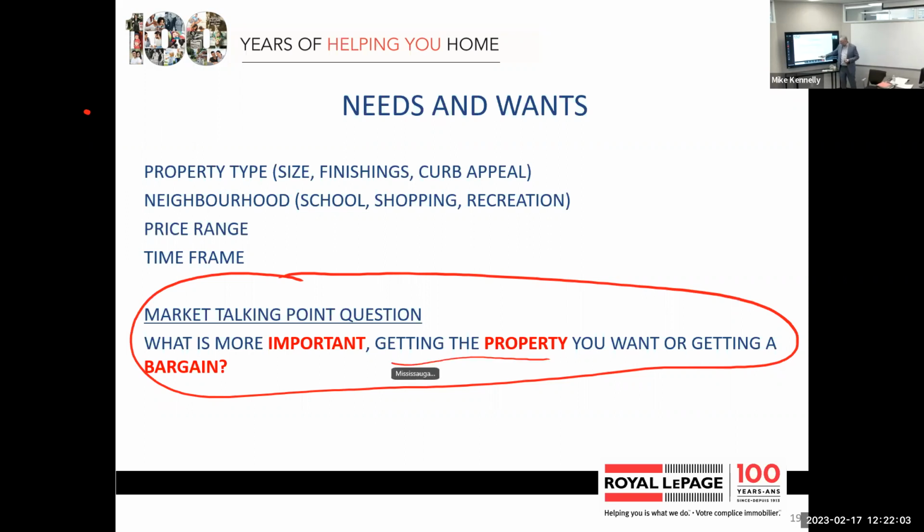If you're dealing with somebody stuck on the bargain side of things, ask them politely, not sarcastically or with animosity: what's more important to you? Getting the property you really want for your family, like we're checking off all those boxes, or are you just looking for a bargain? Help me understand so I can better tailor make our experience together.